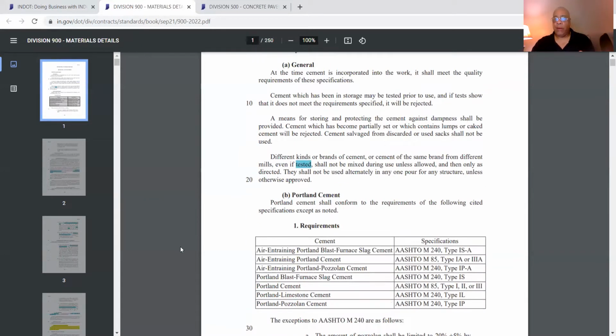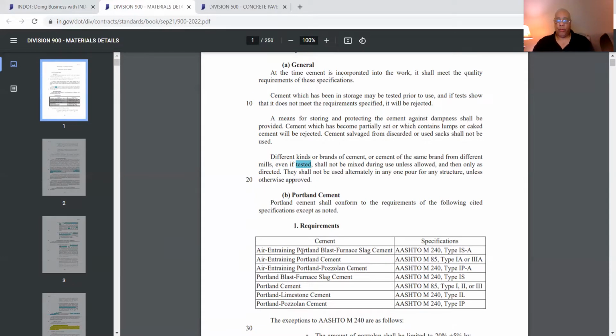And the good thing about specifications is they help you refer to different sources. So somebody's just not making these specifications up. They're utilizing other sources, like AASHTO.